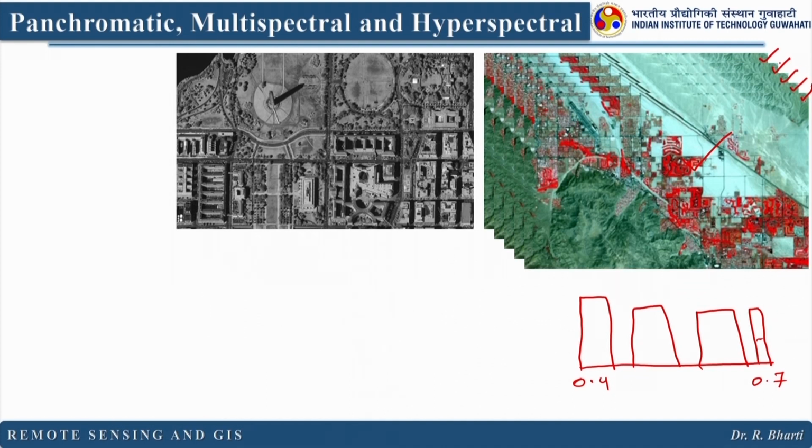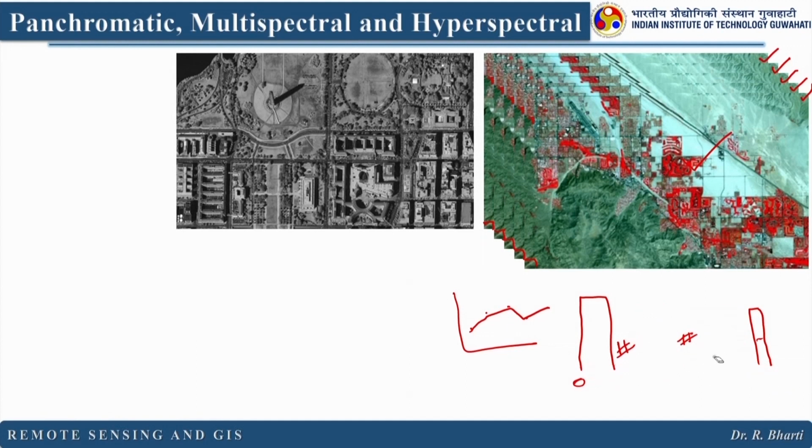Once you have these 5 images, you can take the first pixel of each and generate values 1, 2, 3, 4, 5. So, your spectra will be like this, for example. But remember, in multispectral, we never bother about the in-between gaps. Here we have some gaps, which are not resolved.